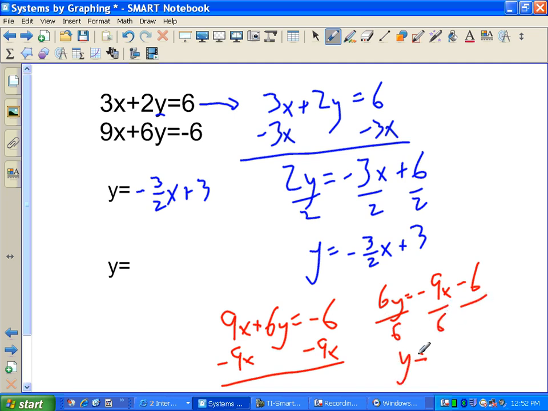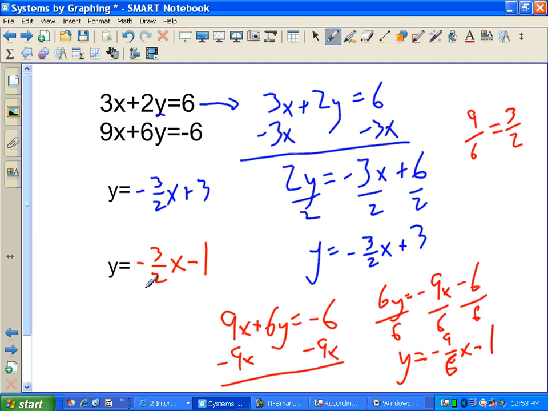I'm left with y equals -9/6 x minus 1. And 9/6 reduces down to 3 over 2. Okay, so 9/6 is the same as 3 over 2, because 3 times 3 is 9 and 3 times 2 is 6, so that simplifies. So I'm just going to rewrite this as y equals -3/2 x minus 1.